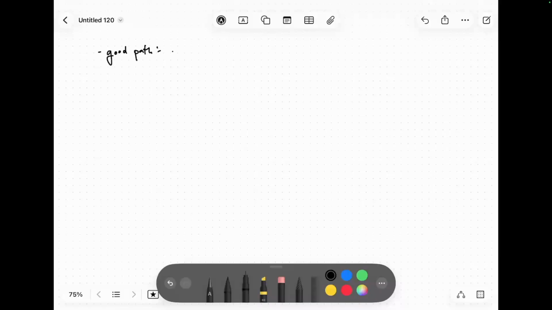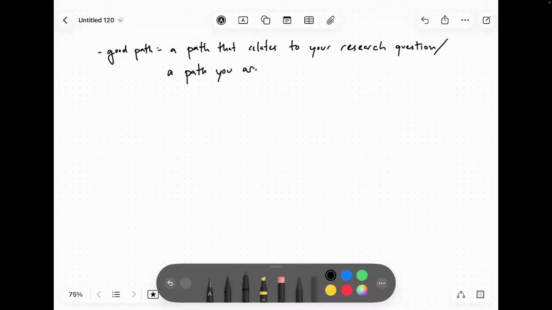This is a path that relates to your research question, or it's a path you are trying to identify.